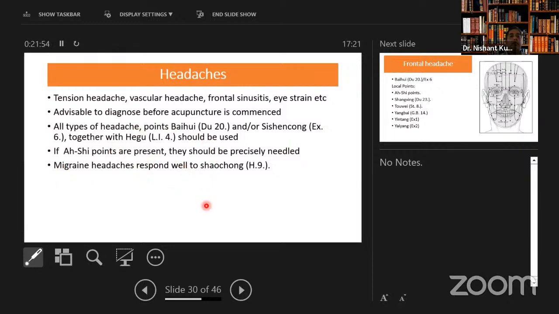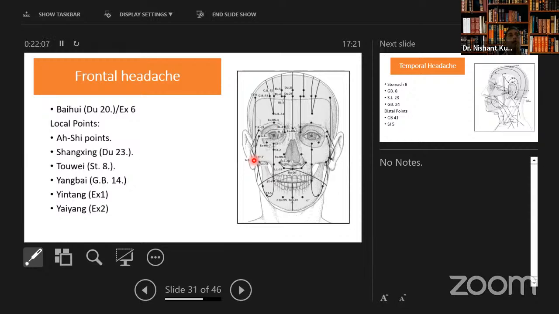If Ashi points are present, they should be precisely needled, and migraine headache responds well to H9. So H9 is a very specific point that whoever is having migraine can use. So again, local points, same mechanism, same theory will apply.